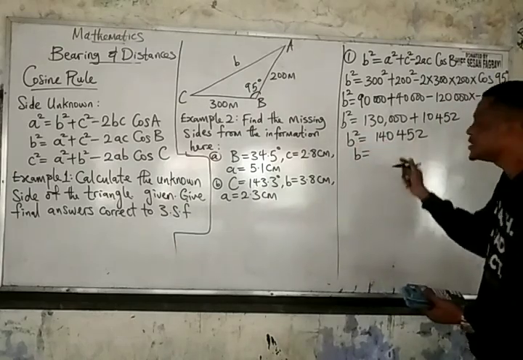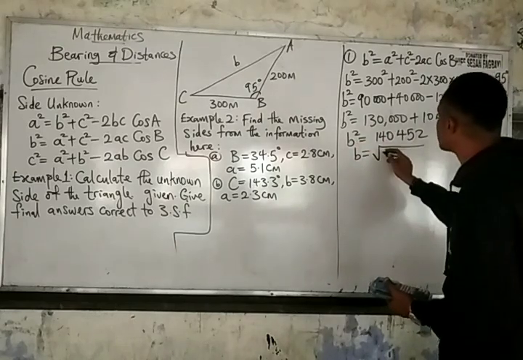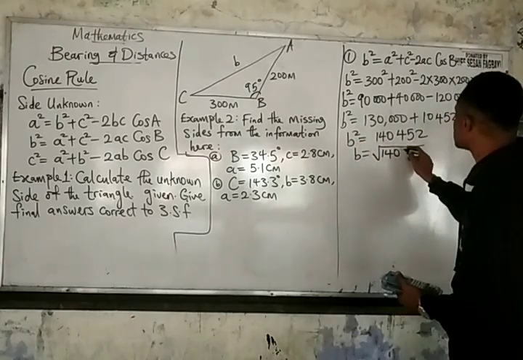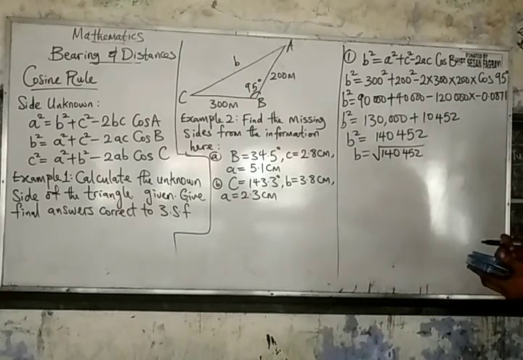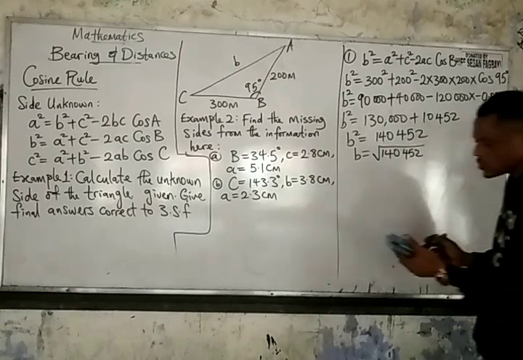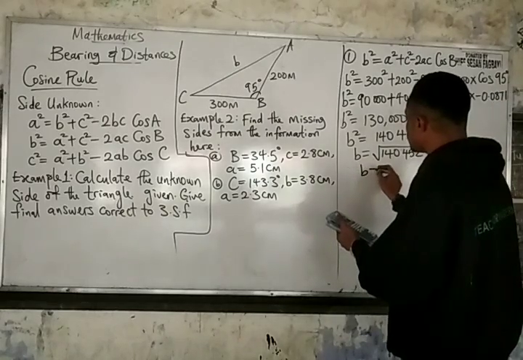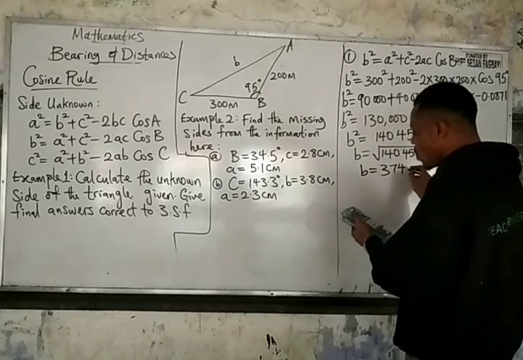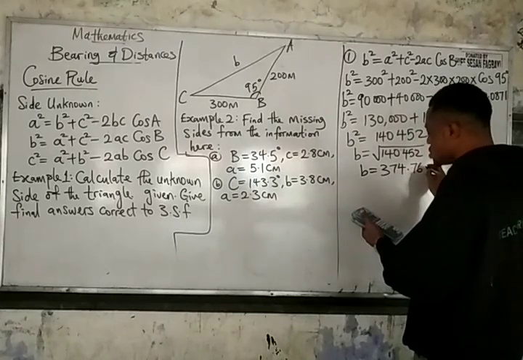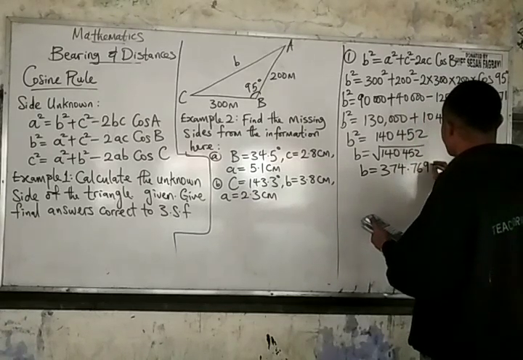As we are looking for B, we take the square root of both sides. So B equals the square root of 140,452. Let's take the square root of this. So B will be equal to 374.7692.